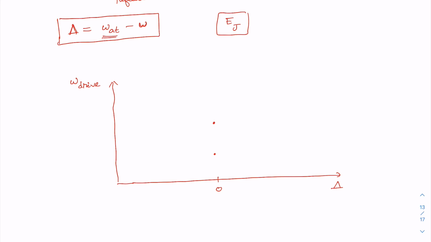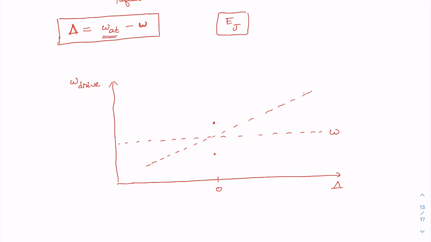Let us say our bare cavity frequency, which is fixed, is equal to omega. This is the bare cavity frequency, and as the detuning parameter is getting changed, we change the atomic transition frequency, and that is something like this.